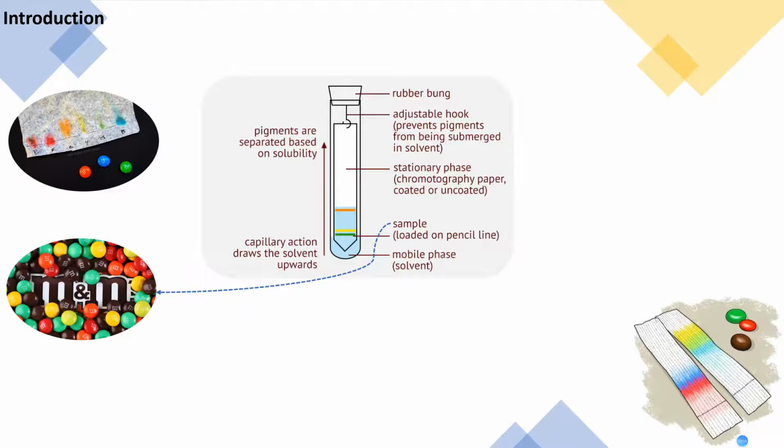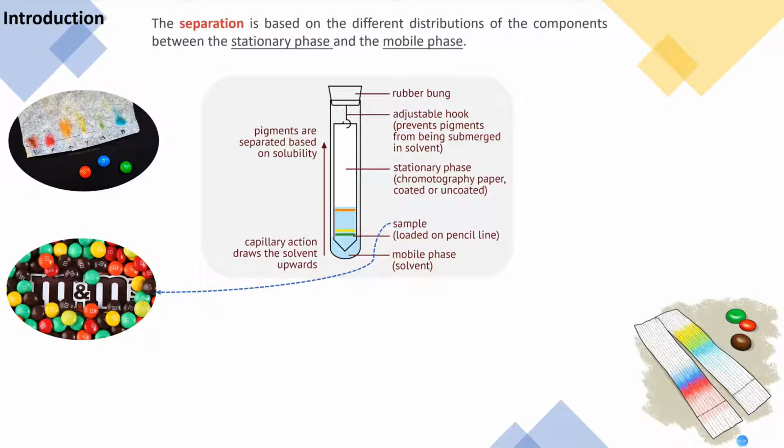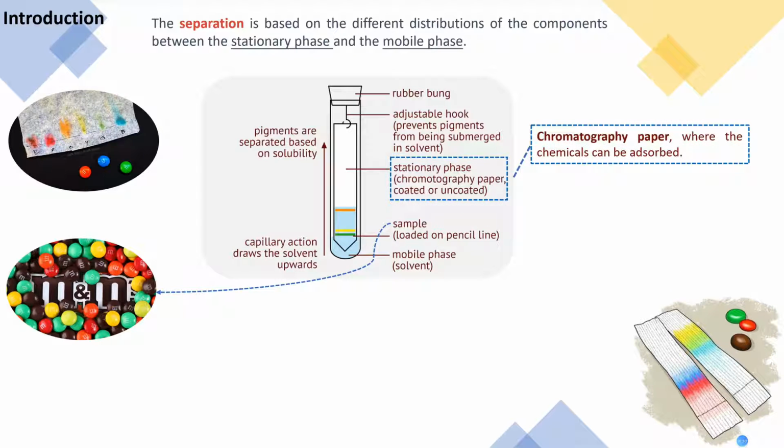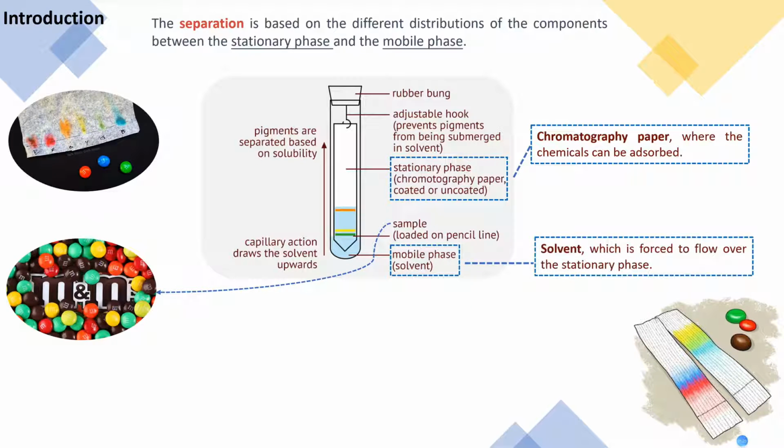The separation is based on the different distributions of the components between the stationary phase and the mobile phase. The stationary phase is a solid that has large surface areas, where the chemicals can be absorbed, and the mobile phase is solvent, which is forced to flow over the stationary phase.